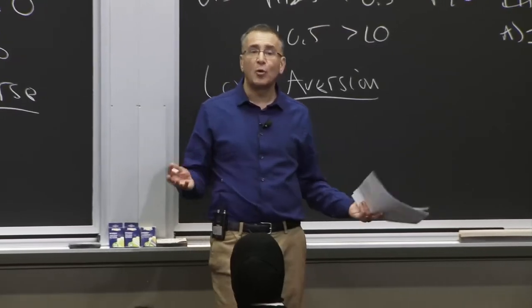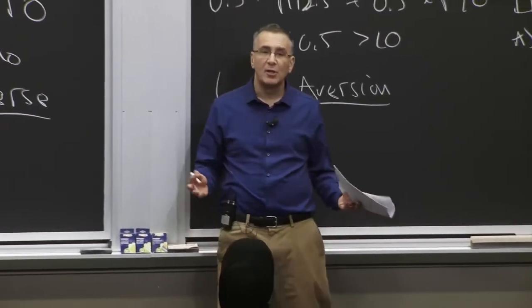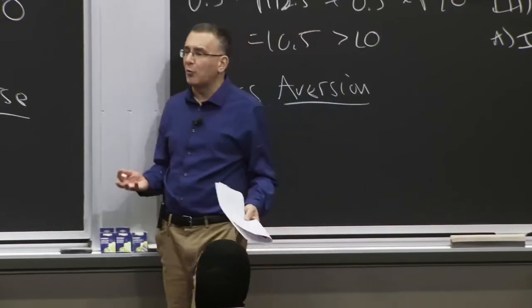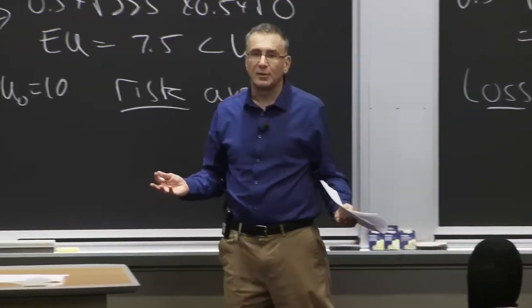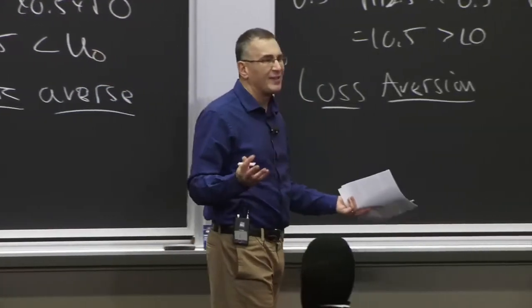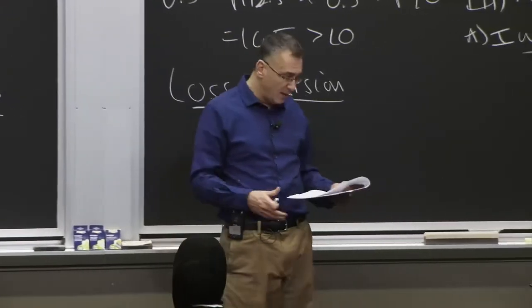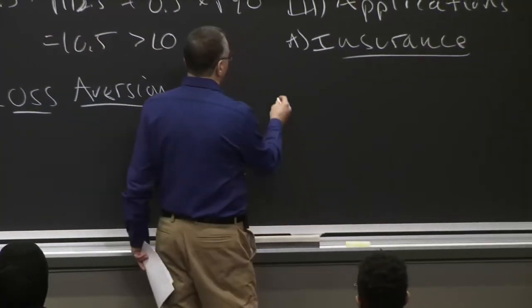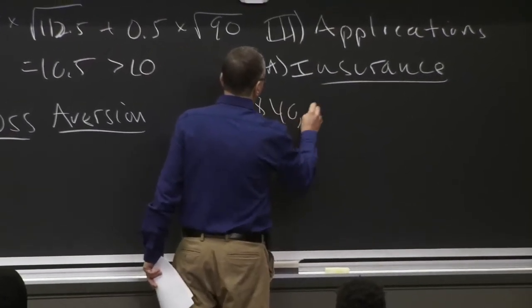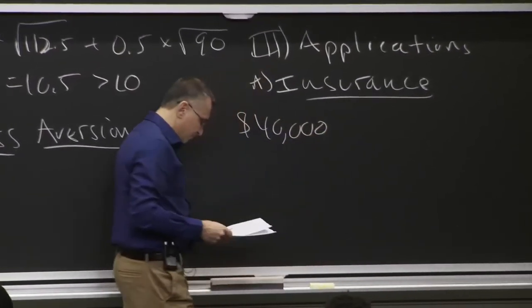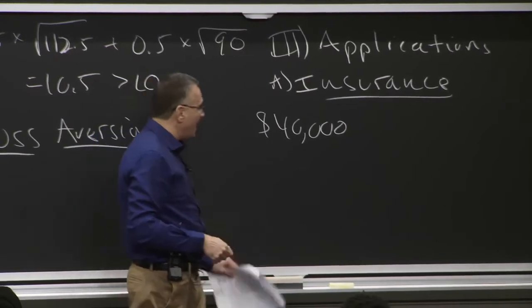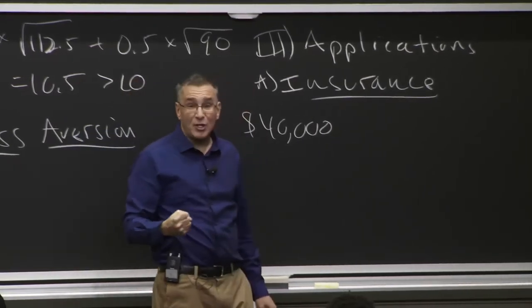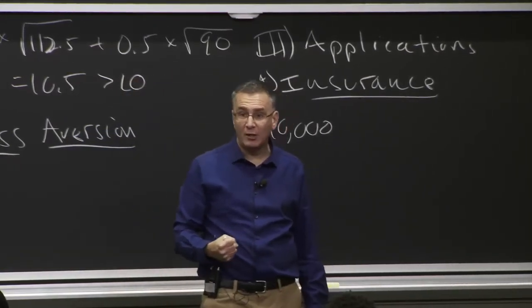So you're a single 25-year-old male in perfect health, so the only risk you face health-wise is getting hit by a car. Otherwise, you're basically not going to go to the doctor. So let's say your income is $40,000. And let's say that there's a 1% chance, since it's Cambridge, a non-trivial chance, that you get hit by a car.